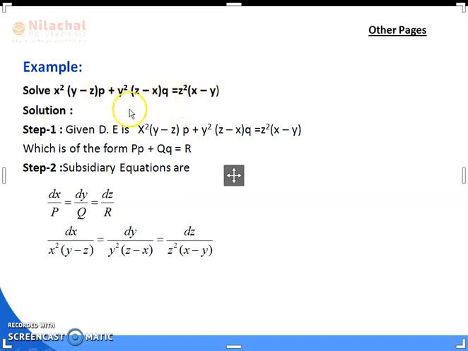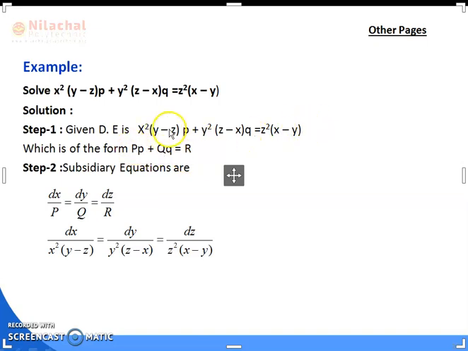Clear? So this is your Lagrange's linear equation. So you have to compare with the standard form. This is your standard form: Pp plus Qq equal to R. You have to compare your question with the standard equation, so that you can identify what is your capital P, what is your capital Q, what is your R.